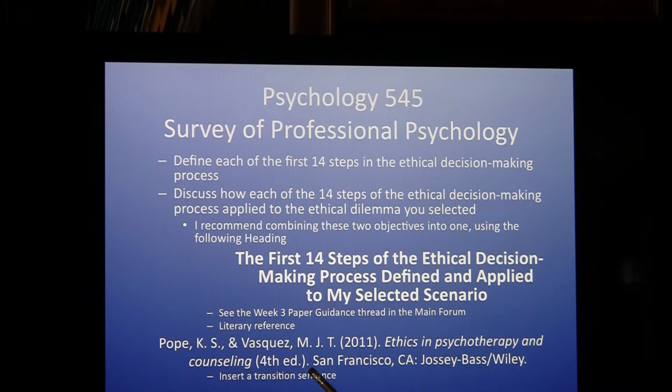The 4th edition, in parentheses, is not italicized. It was published in San Francisco. The abbreviation for California is CA, and it's published by Jossey-Bass and Wiley.